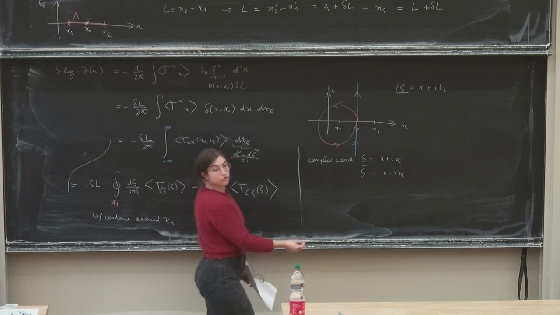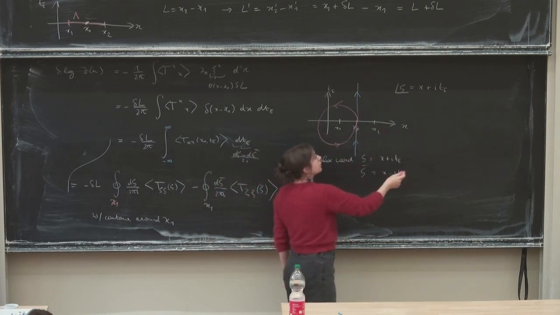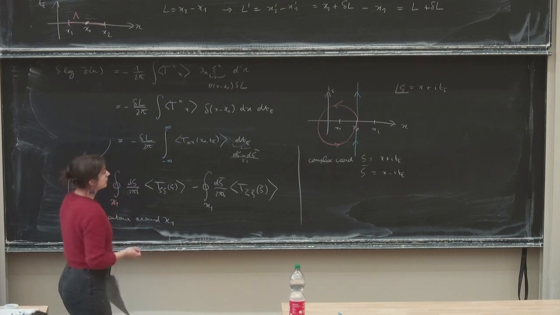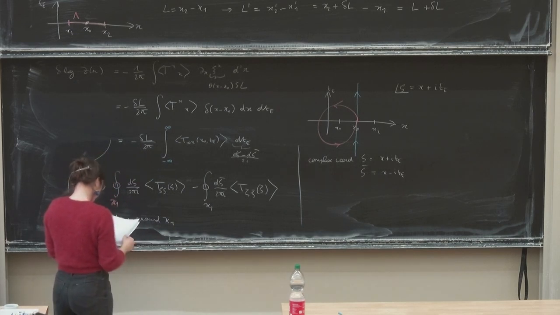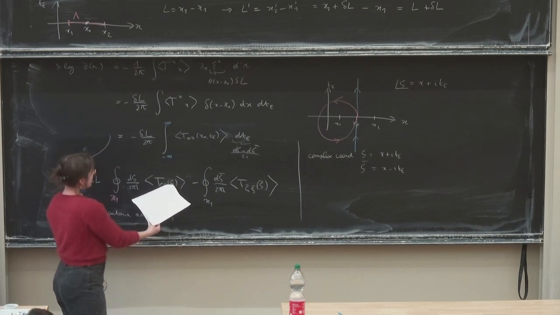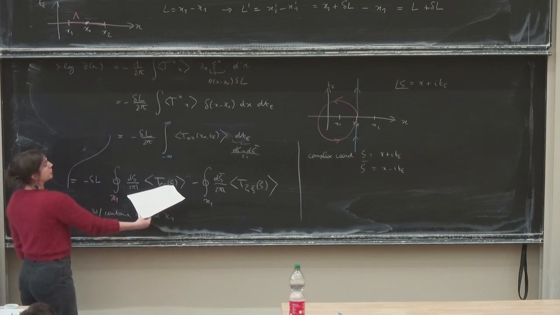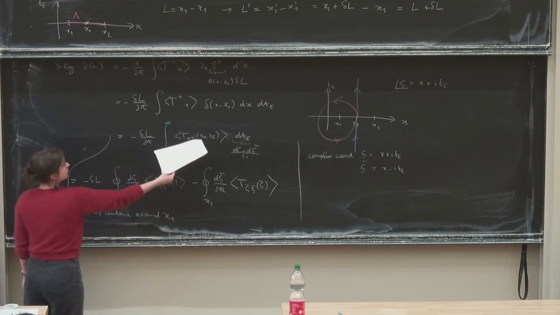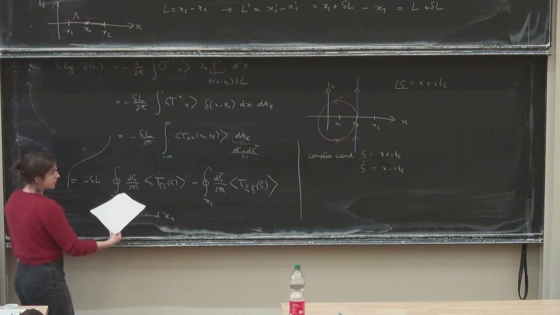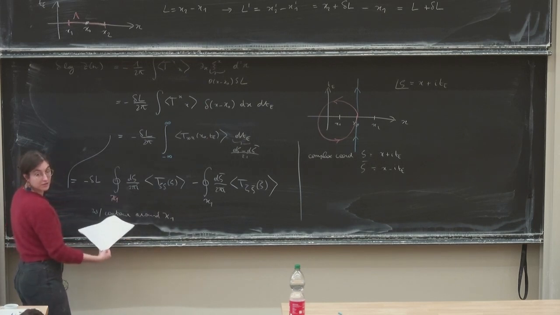I could have also chosen to deform it to the circle around x2. That will not change anything. And so the dependence on zeta here now has to be any zeta, not just x0, because it has to be the zeta that circles around x1, that follows this red circle.